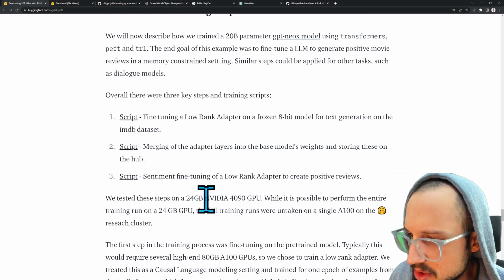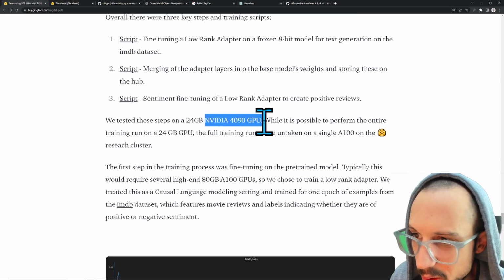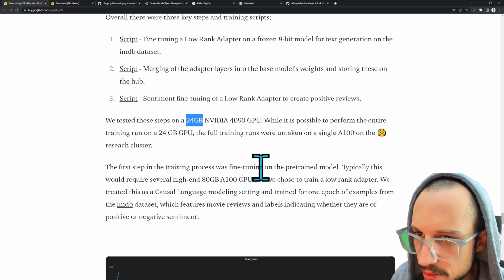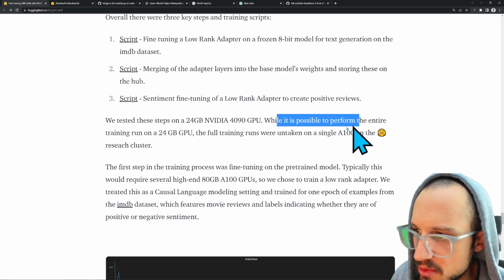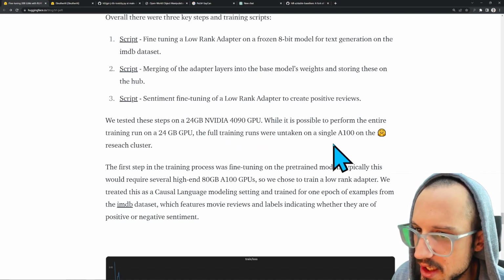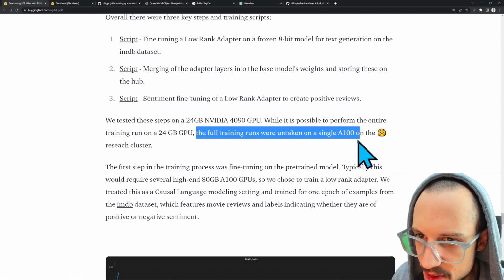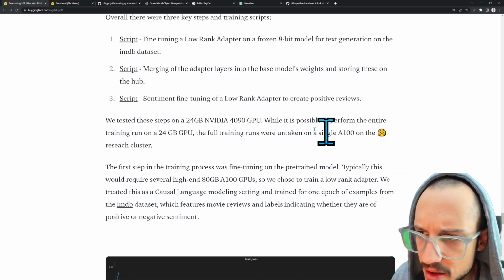We tested these steps on a 24 gigabyte NVIDIA 4090. So this is pretty much the cream of the crop consumer GPU, and it has 24 gigabytes of memory available. While it is possible to perform the entire training, the full training runs were undertaken on a single A100. Okay, so a little bit misleading because they were saying, hey, all of this is possible on consumer GPUs.